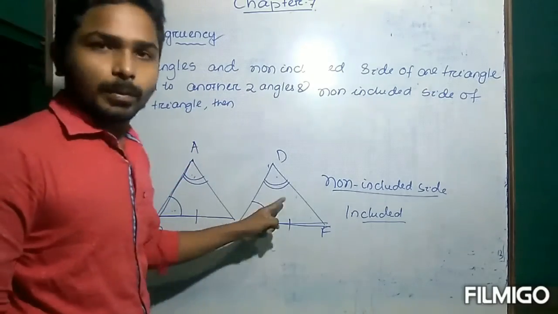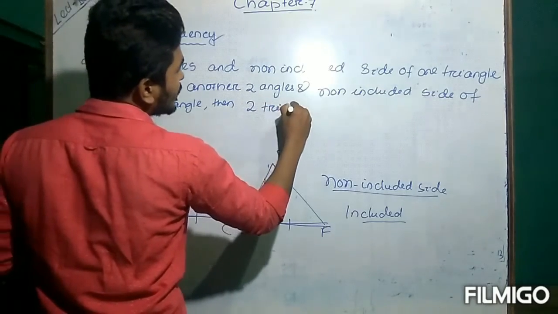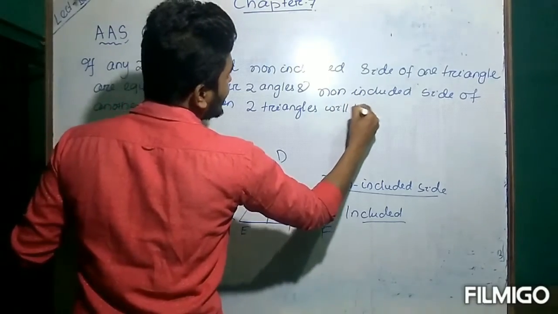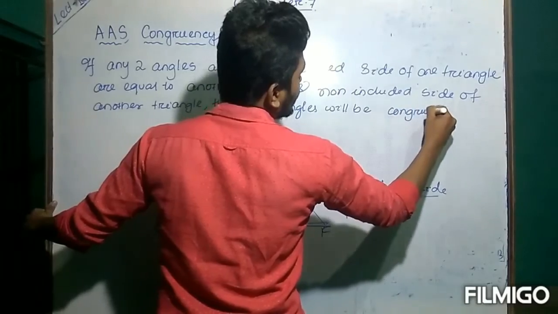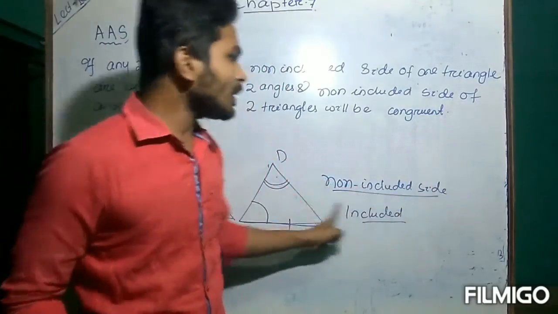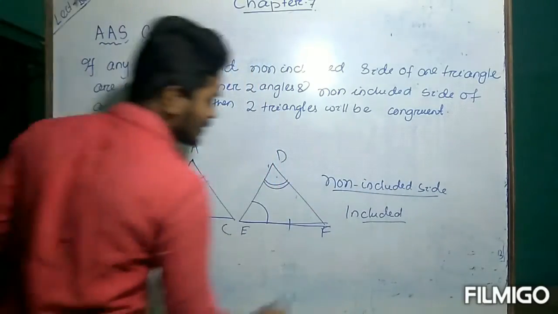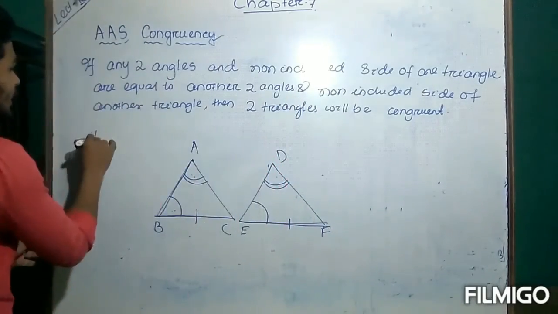Then these two triangles will be congruent. So you have to keep in mind that there is a term non-included side, not included, non-included side. Understood?